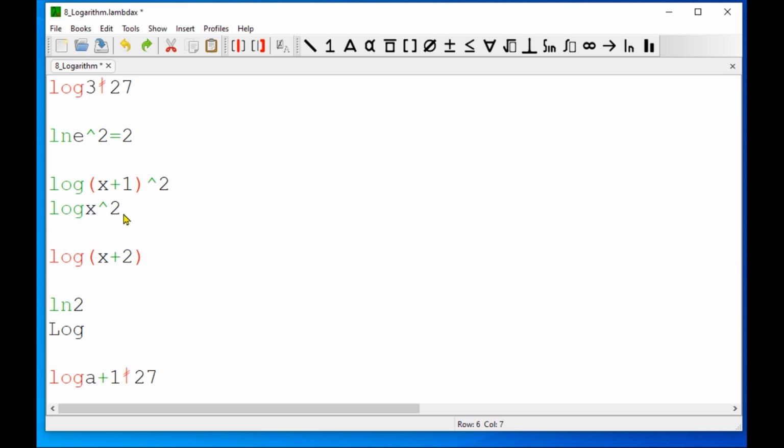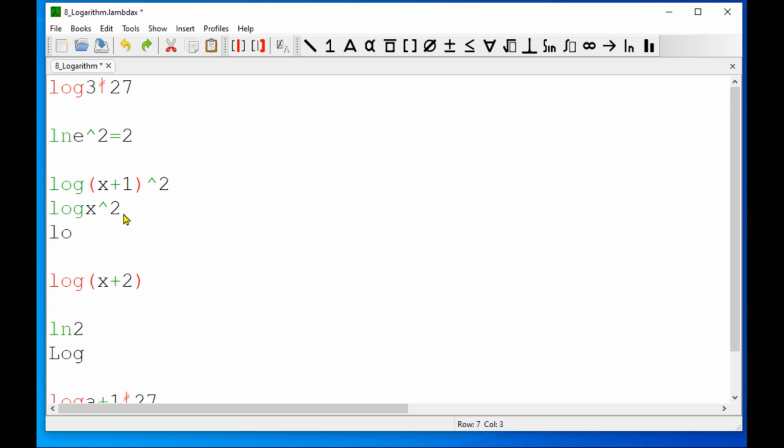Whereas, if I want to write square logarithm of x, this is not good, so I'll delete the previous line with Ctrl D. So, if I want square logarithm of x, pay attention to write it correctly, maybe even with brackets.